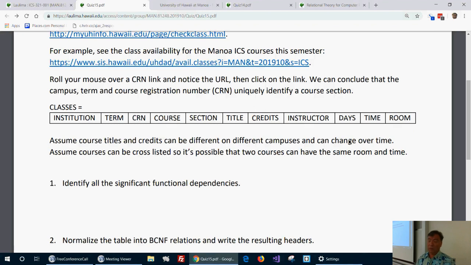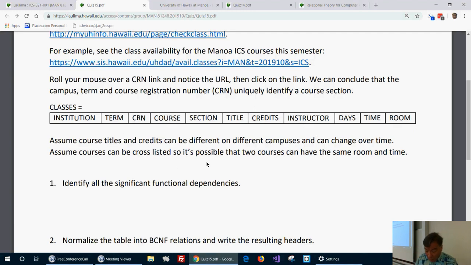So that's an example of the difference. There's other courses like Anthropology 151 that can have different names, like at the University of Hawaii, Hilo, which has a different title, and that's just legacy. That doesn't happen anymore.